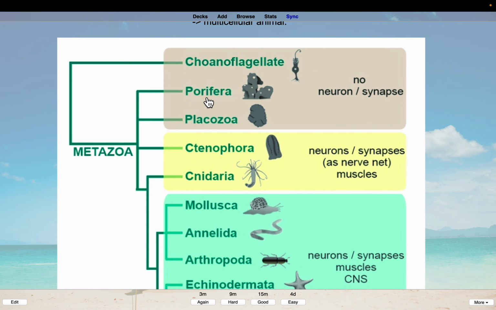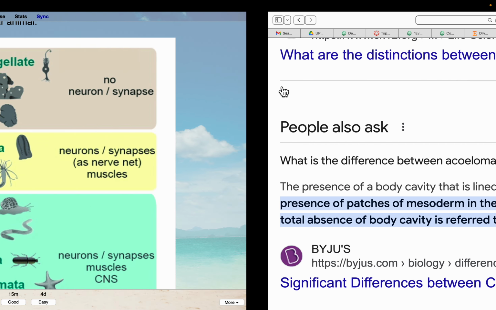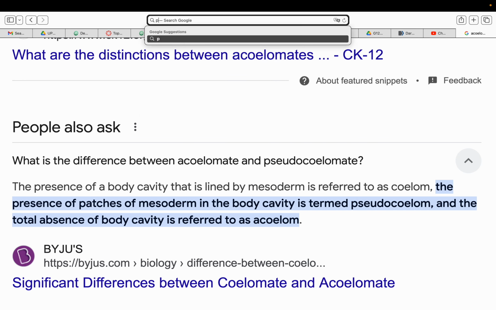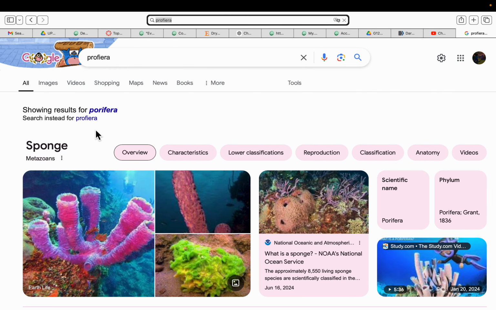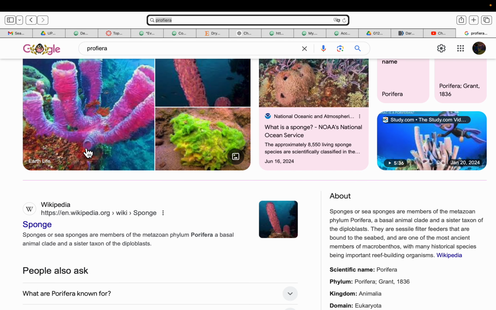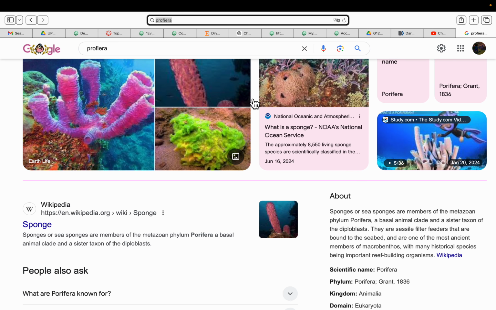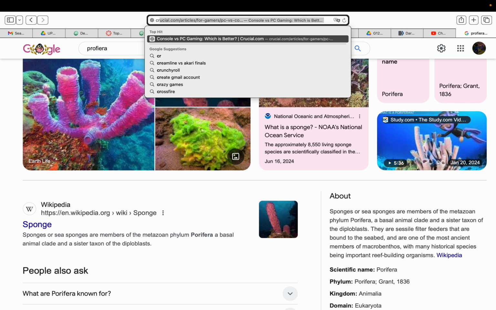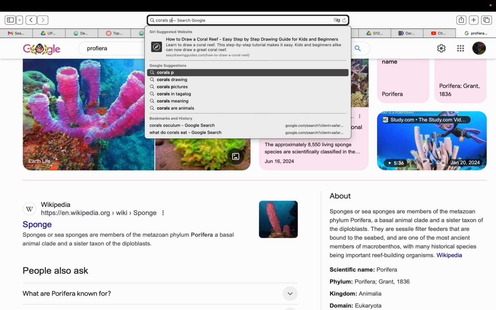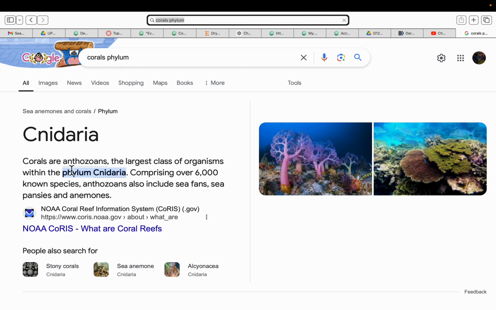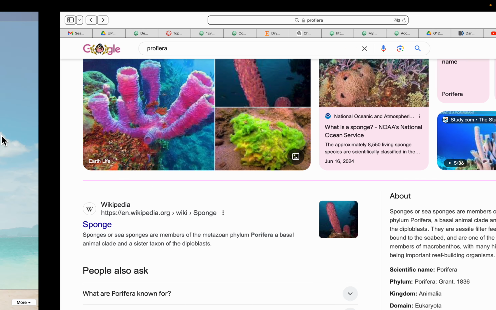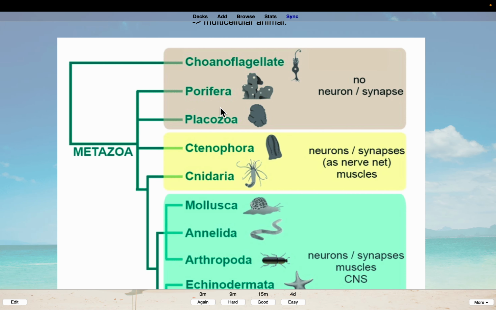Okay, so for porifera, Placozoa, and Choanoflagellate, they have no neuron or synapse whatsoever. I think porifera, these are corals. Let me confirm. Sponges. What are corals? What's the phylum for corals? Ah, Cnidaria. Okay, my mistake.